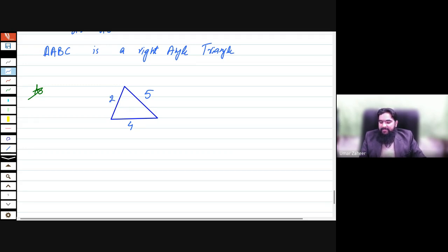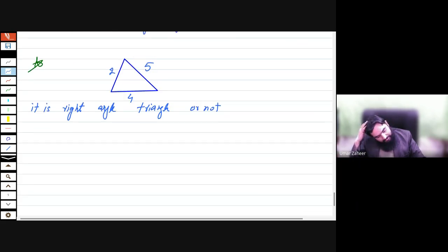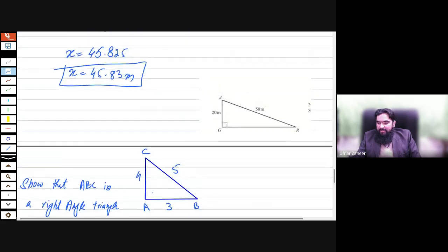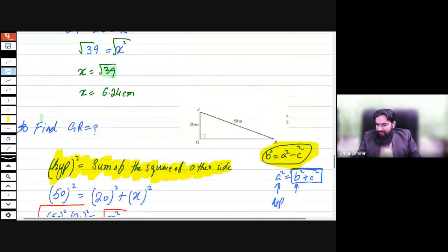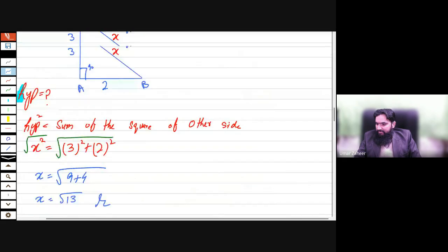This is a triangle and we have to show whether it is a right angle triangle or not. So what we have to do, again, is use the Pythagoras theorem, and we have to use the statement: the hypotenuse side is always the longest side.